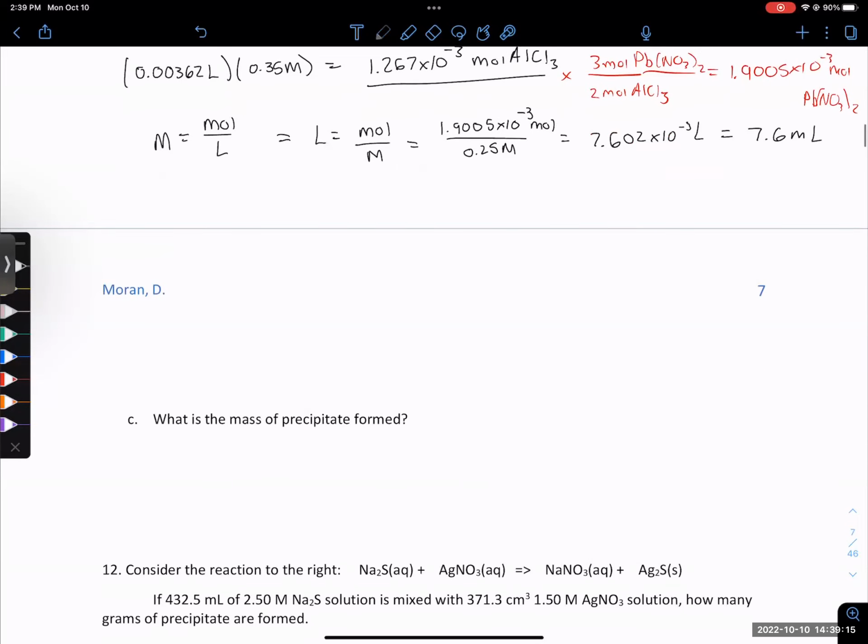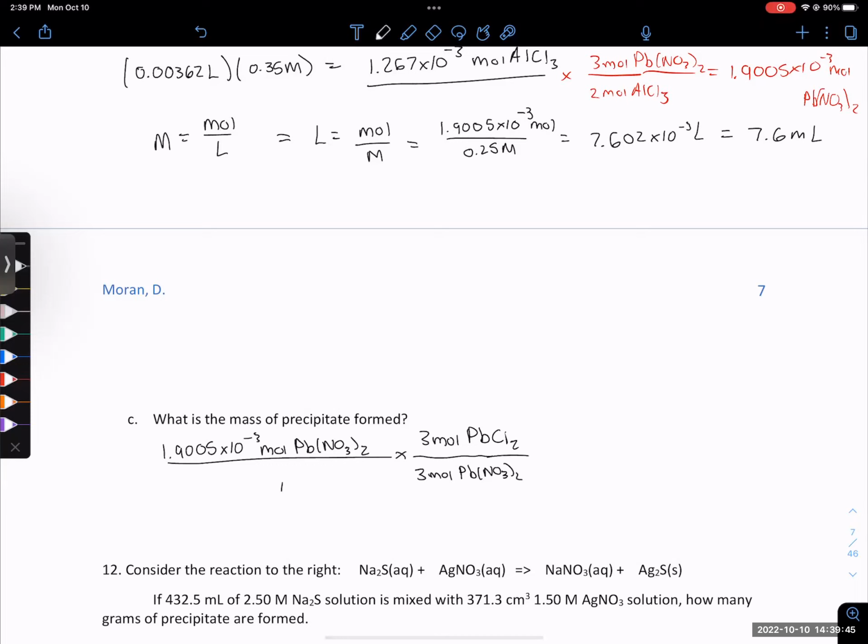Okay, so it'll be 1.9005 times 10 to the -3 moles of Pb(NO3)2 all over, and we know from the balanced equation that for every 3 moles of Pb(NO3)2, 3 moles of lead(II) chloride are produced, right?